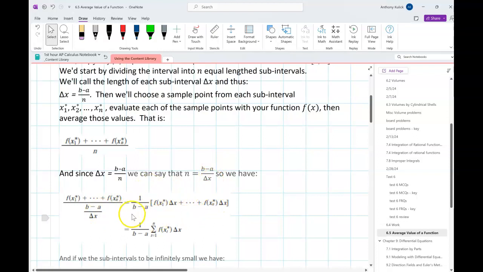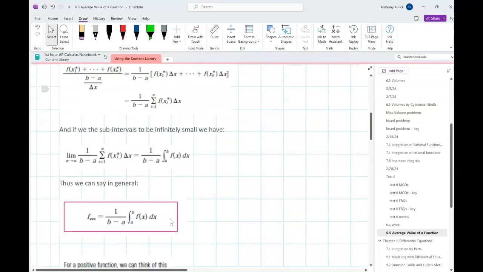And if we do a little bit of clever rearranging, we get this. And if we just assume those subintervals to be infinitely small, i.e. taking the limit as n goes to infinity, we have an integral. So if we're looking for the average value of the function on the interval from a to b, it's 1 over b minus a times the integral from a to b of f of x dx.